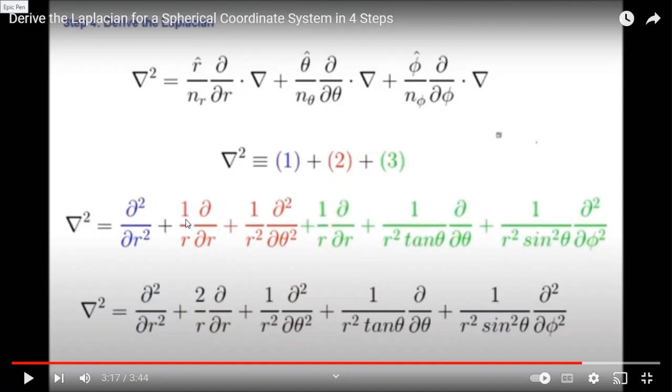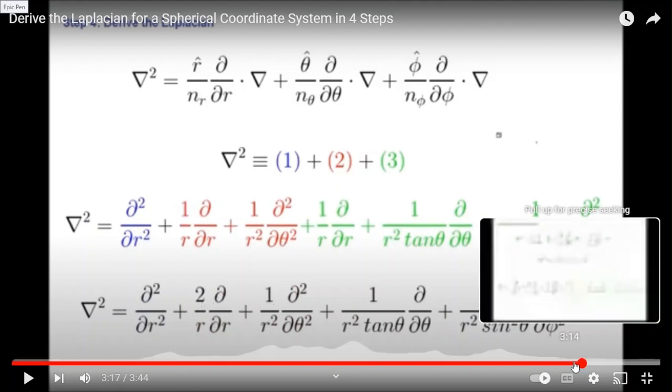Notice that we have a 1 over r partial with respect to r. We've got 2 of those. So here we've got a 2 there. And let's see, what else is going on here? That still stays the same. That stayed the same. And that stayed the same. So the only difference was we combined this green 1 over r and this red 1 over r partial with respect to r into one piece there.